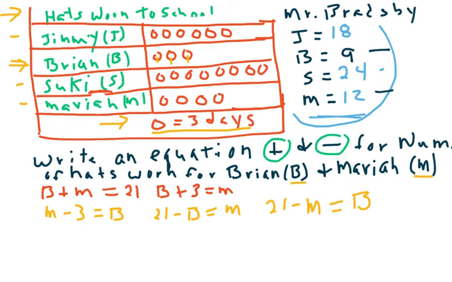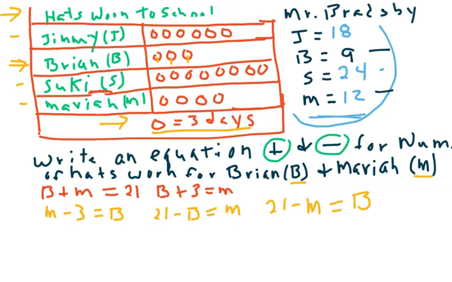Another way would say Brian, who had 9, 9 plus 3, Brian plus 3 equals the 12 that Mariah had. So there's a couple addition sentences that show that Mariah had more because they had to add 3, but together they had 21. Okay, there we go. So that's addition, using the B and the M, the Brian and the Mariah.